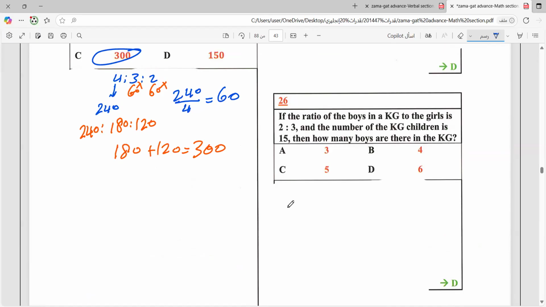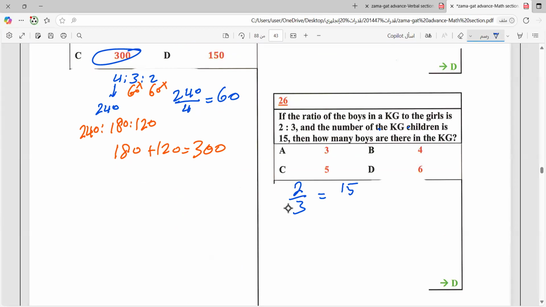Okay, 26. If the ratio of the boys in a KG to the girls is 2/3, and the number of children in the KG is 15, how many boys are there?